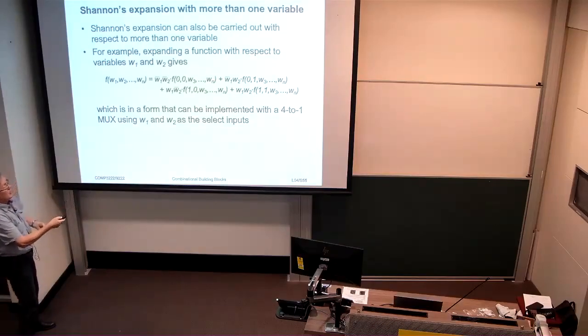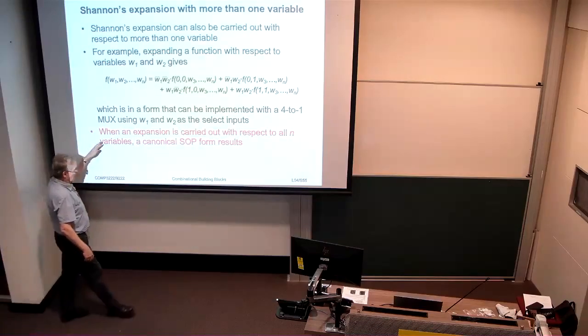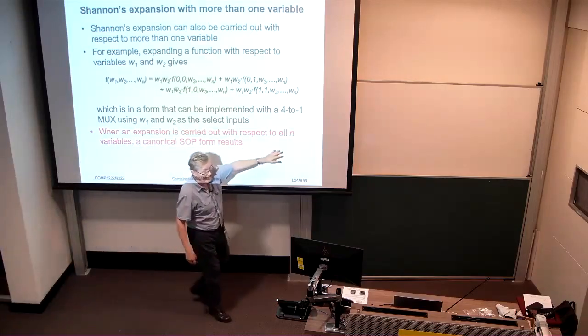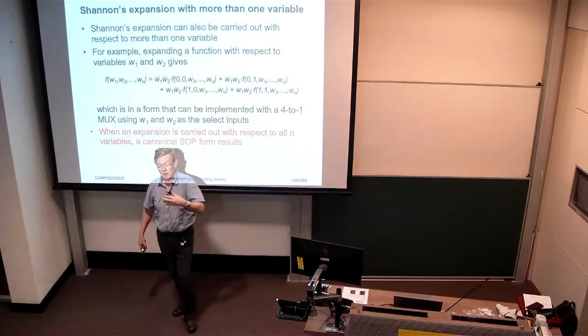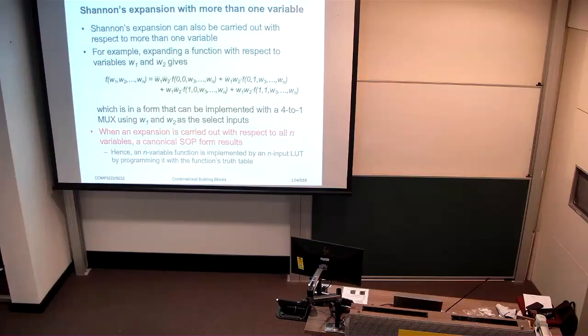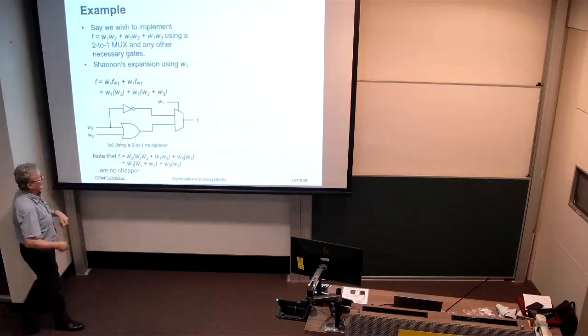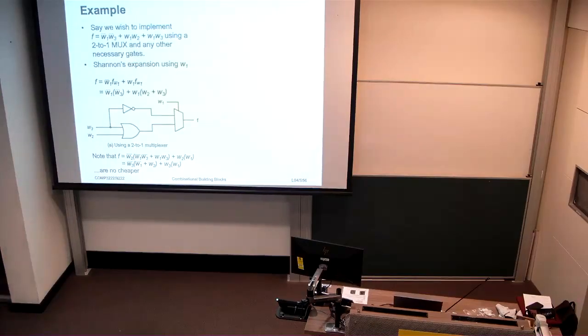So now we have 4 cofactors that we need to find. And we can keep on going. If we expand with respect to all n variables, then we've got effectively an n-input lookup table implementation where we've simply got the canonical form that leads to the final result. And we'll have a look at what that looks like.